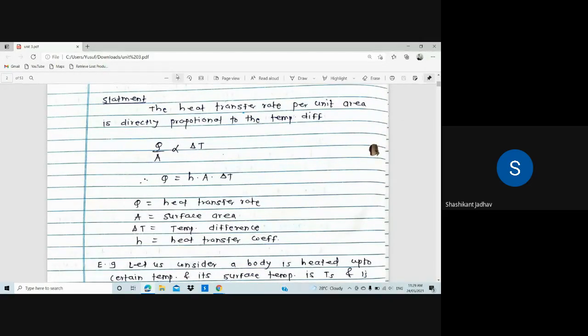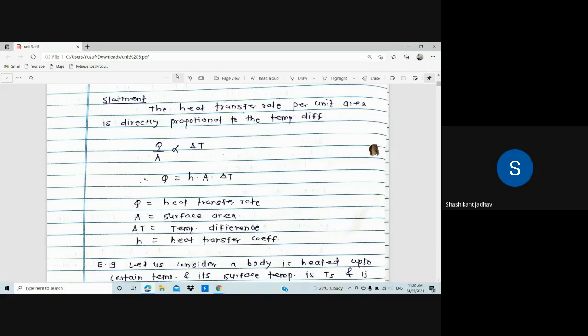What is the statement for that? Write down the statement: the heat transfer rate per unit area is directly proportional to the temperature difference.